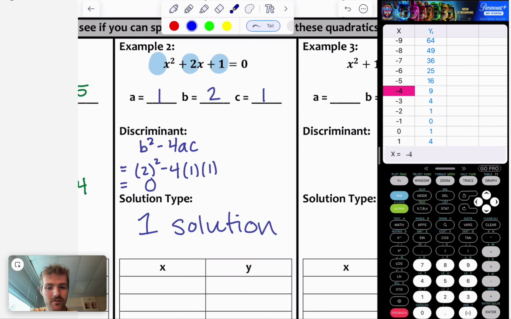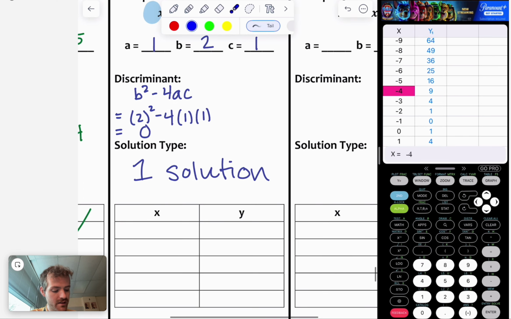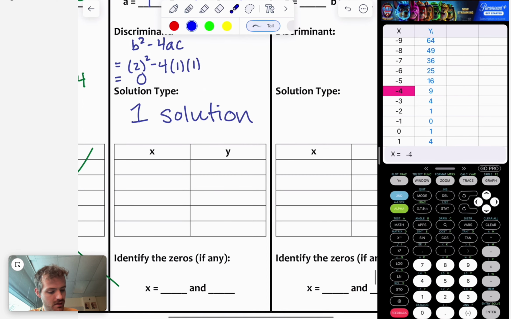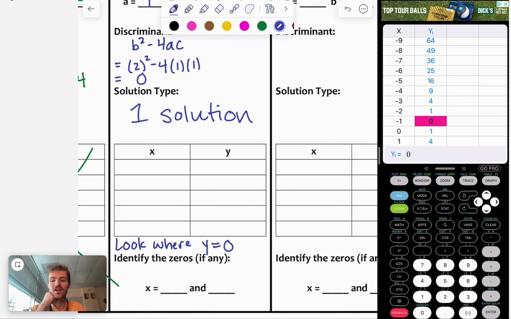Instead of looking for a vertex like we normally have, we don't know what the vertex is. So to find the solution, we look where y equals 0. In this table, if I scroll down, do you see here, our y column, we have that 0 solution right there.